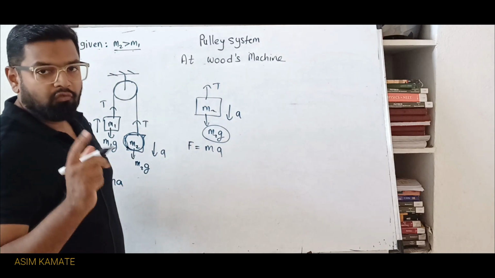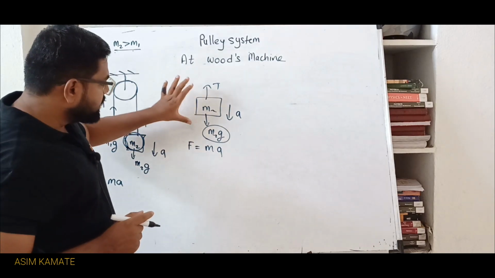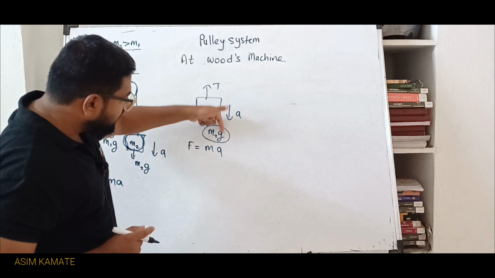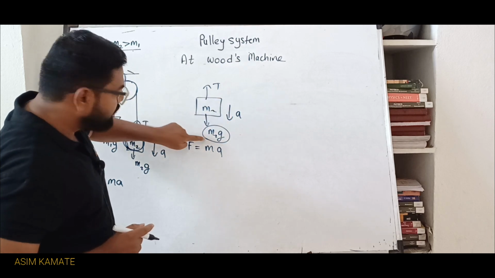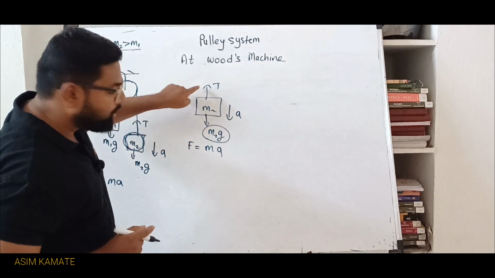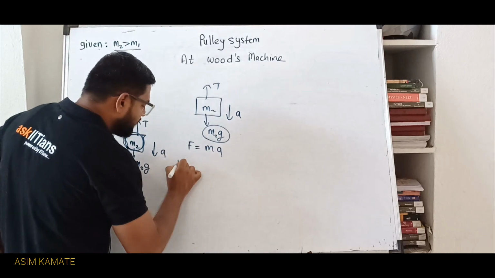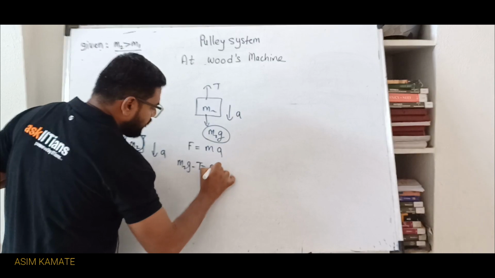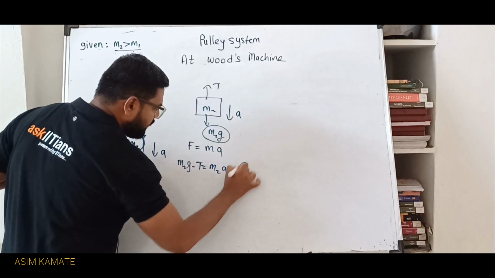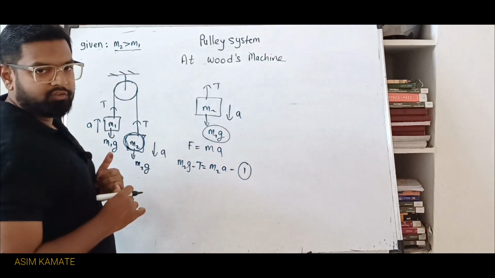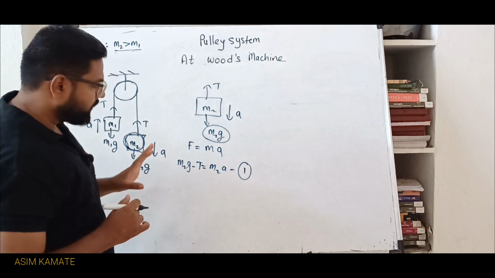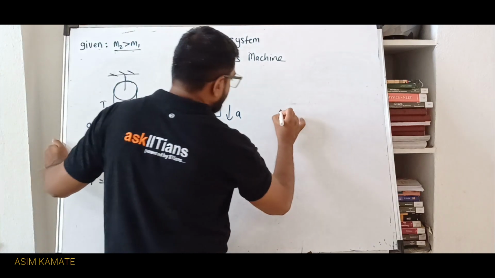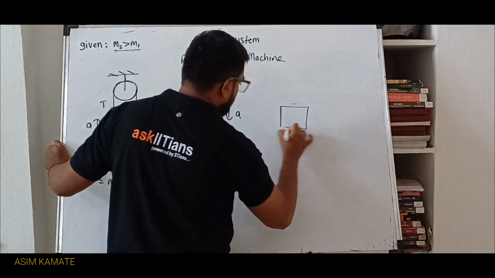We have already seen in Newton's second law of motion that if the acceleration is in a downward direction, it means the weight will be greater as compared to the tension. So can I write here m2g minus T equals m2a? Is it right? Any problem for you in this equation? I hope no.